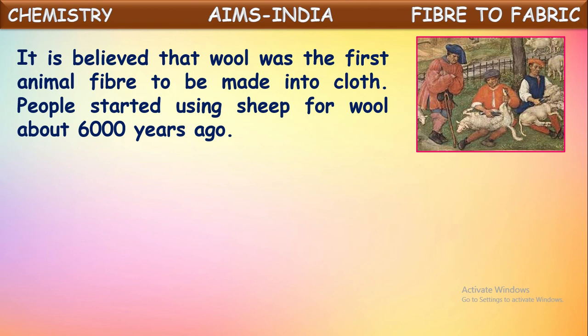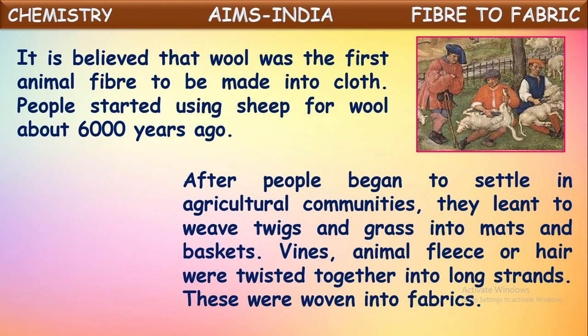People started using sheep for wool about 6000 years ago. At that time itself they grew sheep to get their hair and weave it into woolen cloths. After people began to settle in agricultural communities, they learned to weave twigs and grass into mats and baskets.